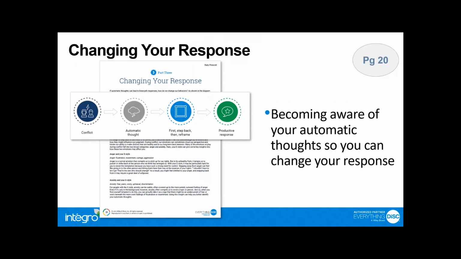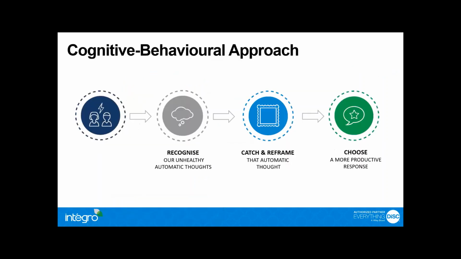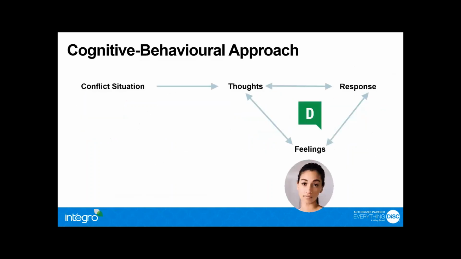And so on page 20, for each person, it's looking at how they react when they're angry. Anger and anxiety are the two key triggers for these automatic thoughts. So that's a key step: recognizing it, catching it, and then here's Ruby going to give us an example.